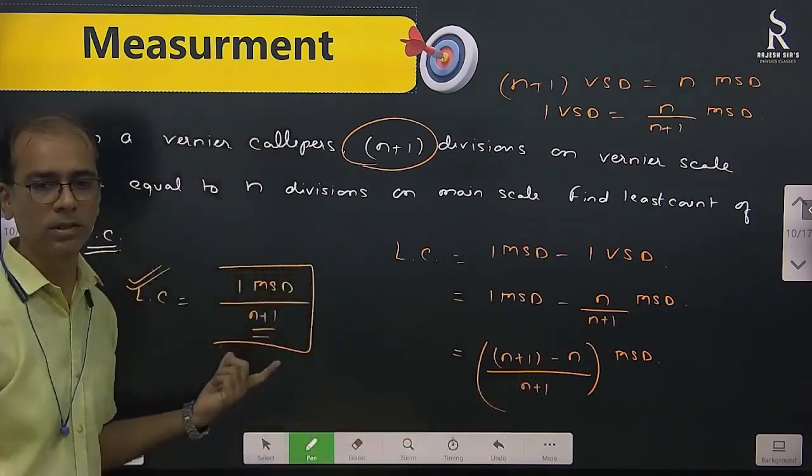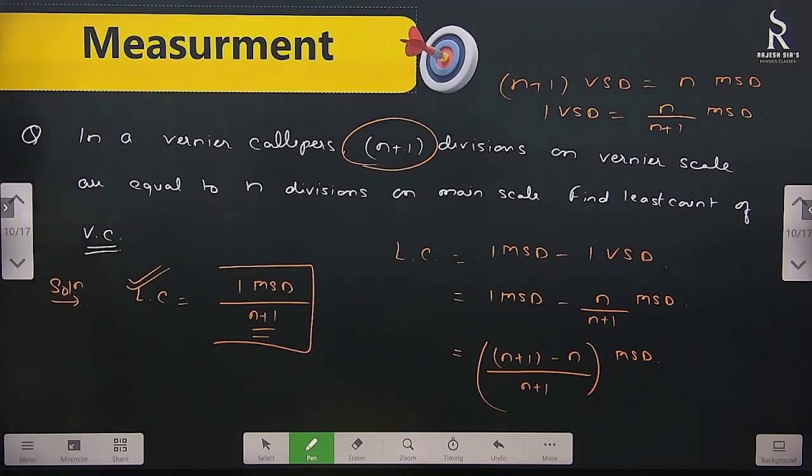This is the main formula and this is the generalized formula. Note it. Completed?